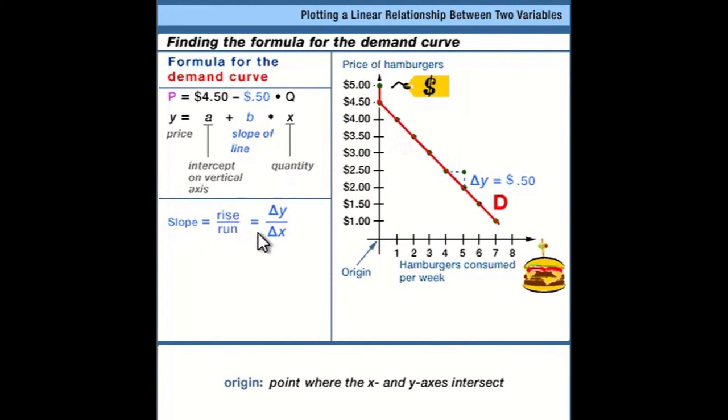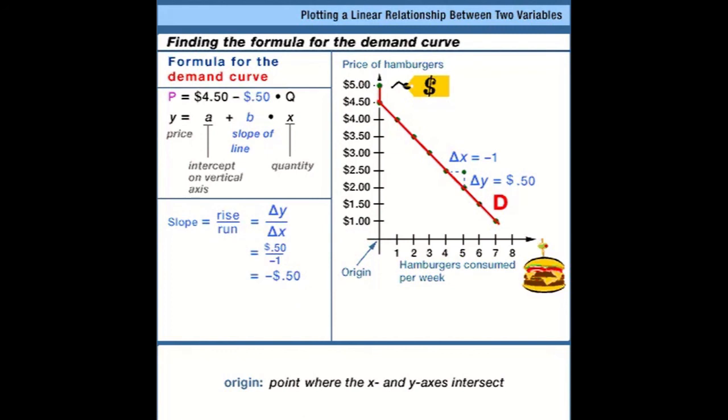So if we wanted to calculate the slope of this line, we would divide the rise by the run. That is, in this particular case, the slope is going to be equal to 50 cents divided by negative 1 hamburger, or negative 50 cents. Negative 50 cents is the slope of the line, and that's what you see right here in the formula.